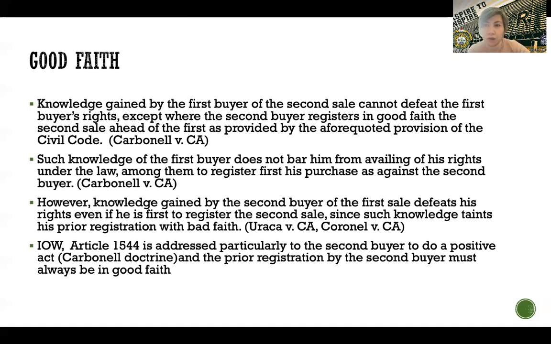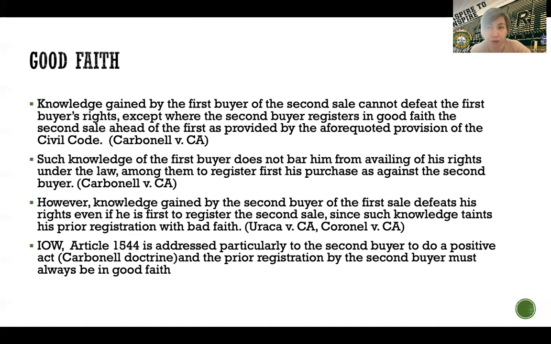So even if that's the case, if the second buyer is able to register the sale in good faith ahead of the first buyer, then what will happen is that we prefer the first registrant in good faith. So that's the time when the first rule of preference of the first registrant in good faith is applied.